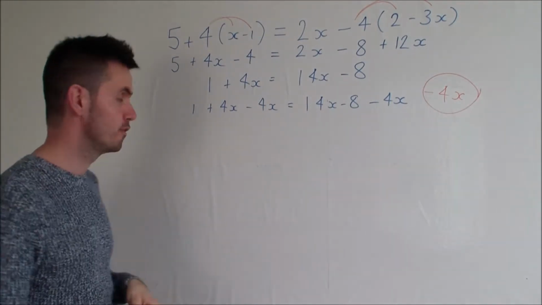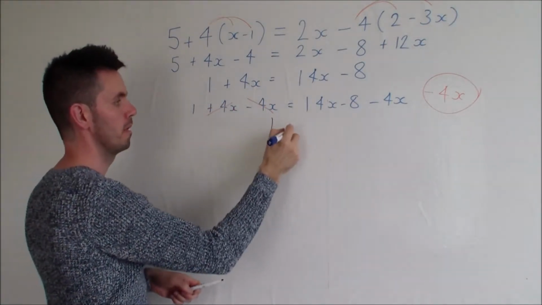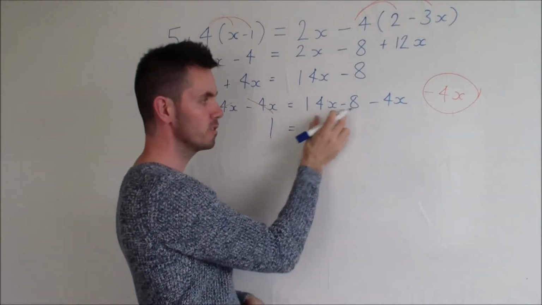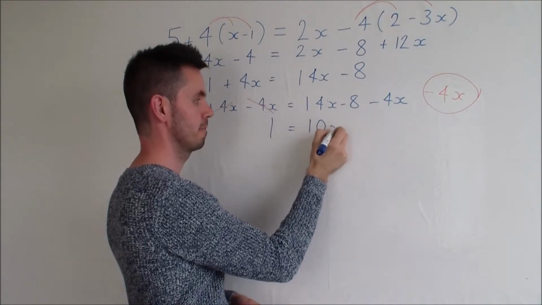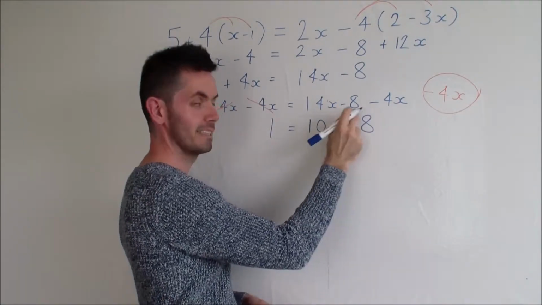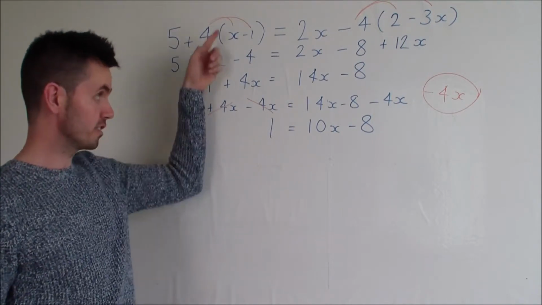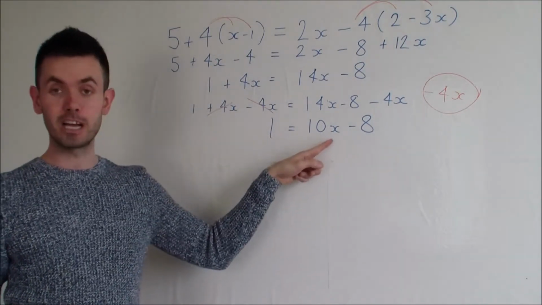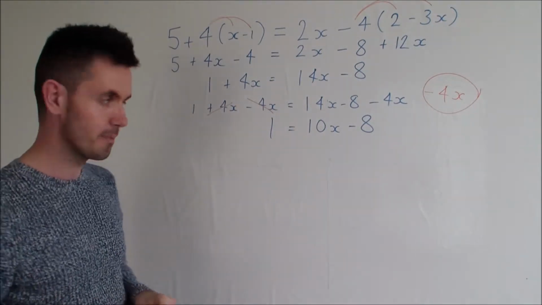Positive 4x and negative 4x cancel out, so we're left with just 1. And on the right hand side, we've got 14x minus 4x, which just gives us 10x minus 8. Okay, so now for the first time in this whole equation, we've got the x appearing only once. We've got 1 equals 10x minus 8, so we're nearly there.